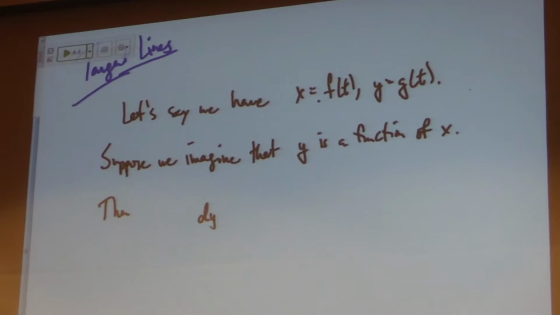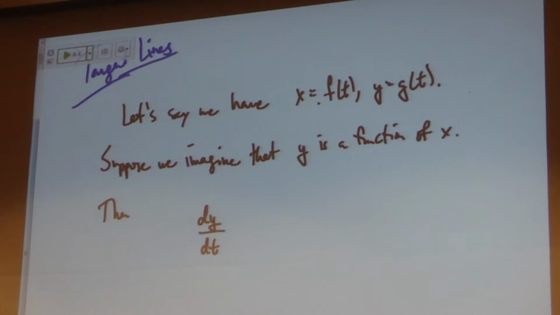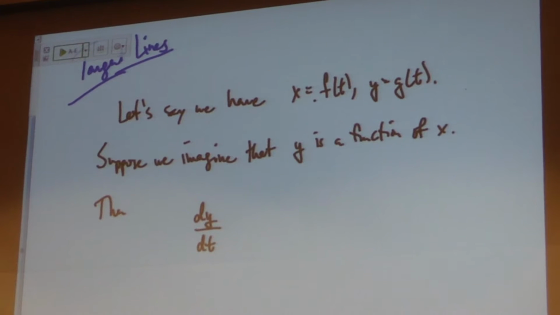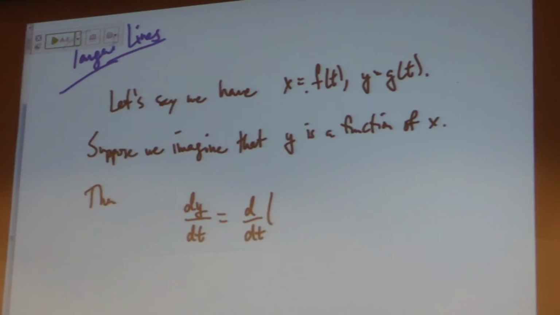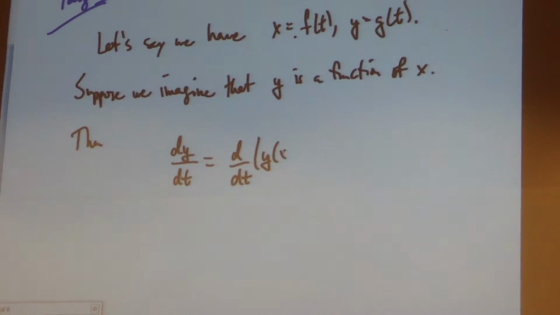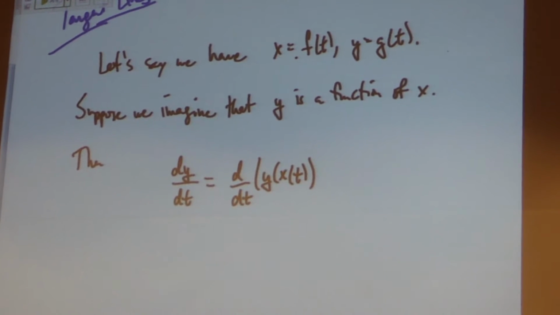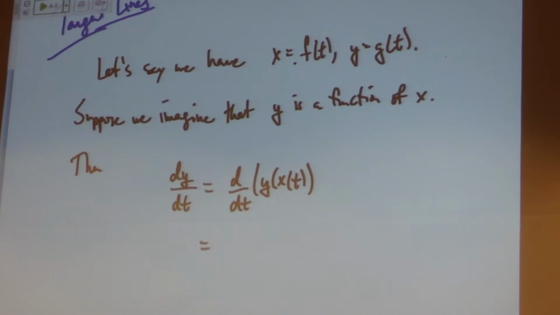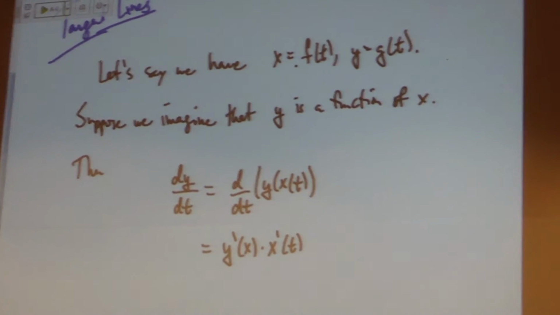Then the derivative of y with respect to t. Well, y is a function of x and x is a function of t. So in this case, this would be the derivative with respect to t of the function y of x of t. And so we have the chain rule, right? y prime of x times x prime of t.